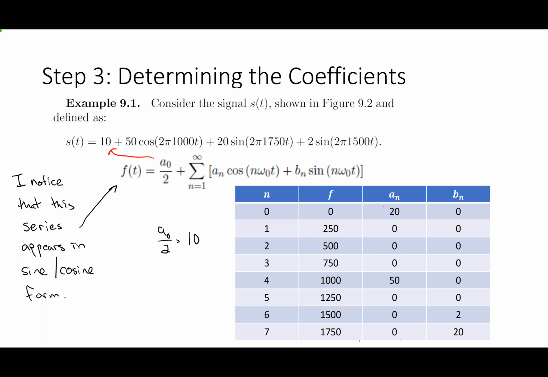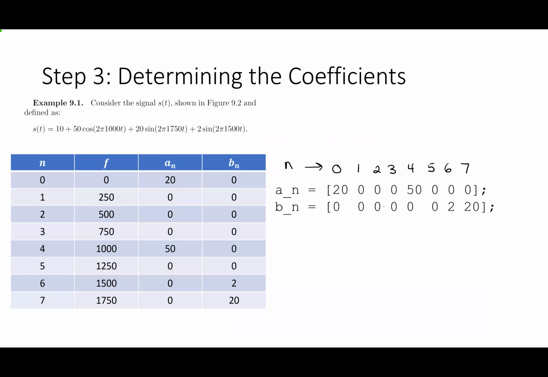I like to think of it in a table like that. Now, look at the way I ask you to do that in MATLAB in your solution. I enter something like A sub n equals, and then 2 row vectors. I tried to line these up on top of each other so I can follow it logically.